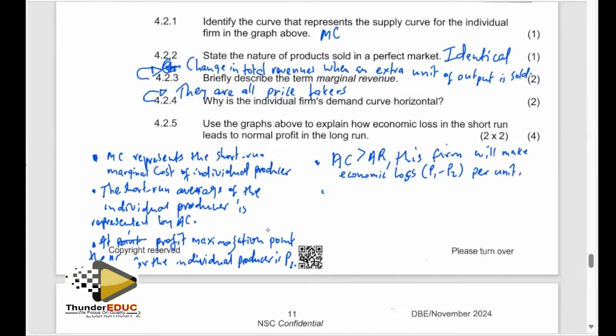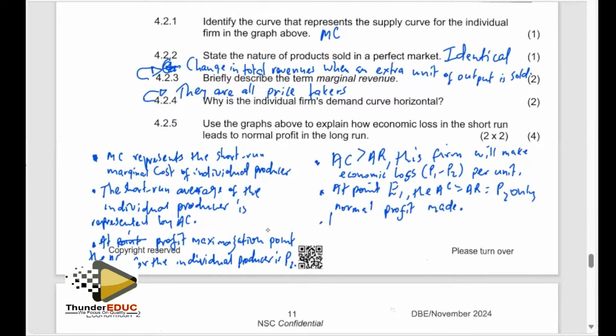And also we are saying that at point E1, the average cost is equivalent to average revenue is equivalent to P2. Only normal profit made.